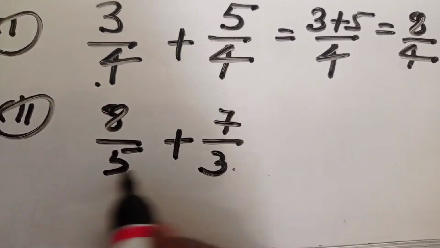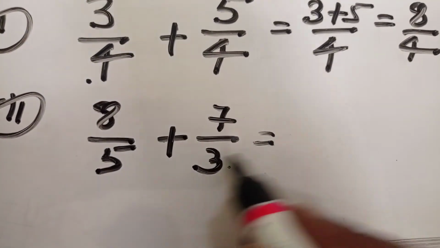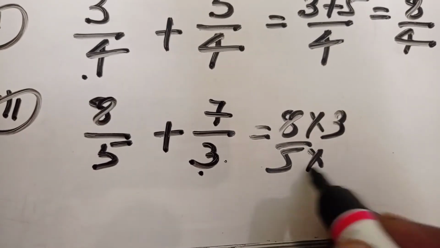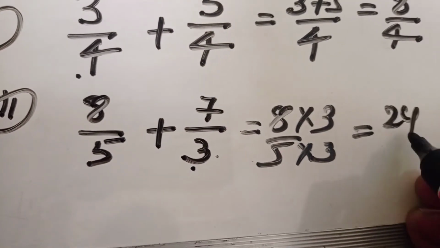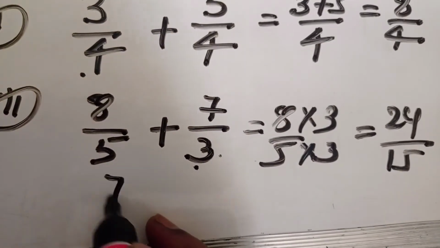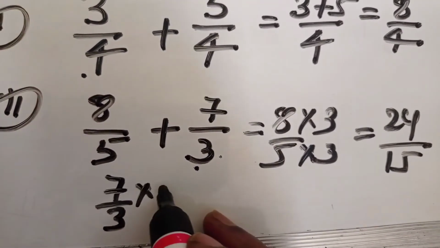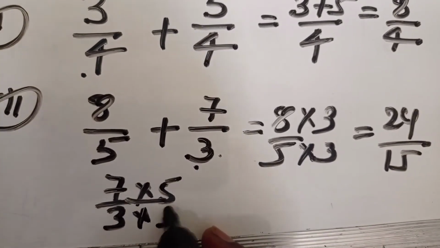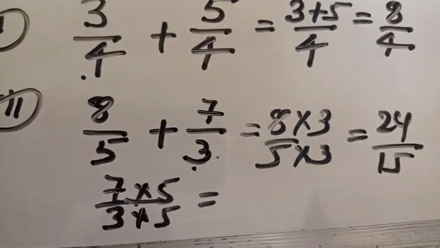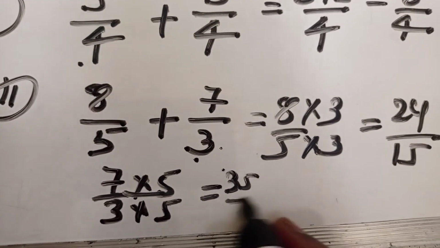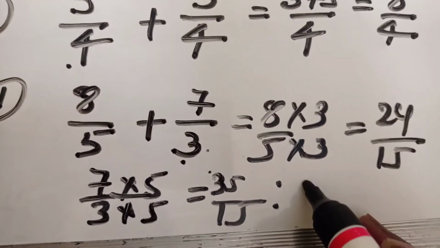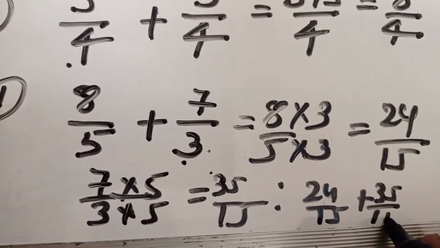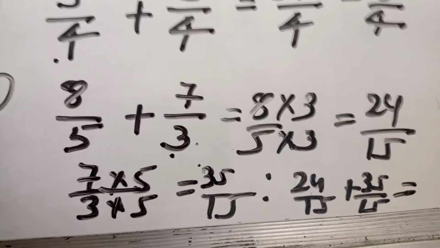You first make the denominator the same, so 8/5 is multiplied by 3 and 3, it becomes 24/15, and 7/3 also, make the denominator the same by multiplying both numerator and denominator by 5, it becomes 35/15. Now add it, 24/15 plus 35/15.